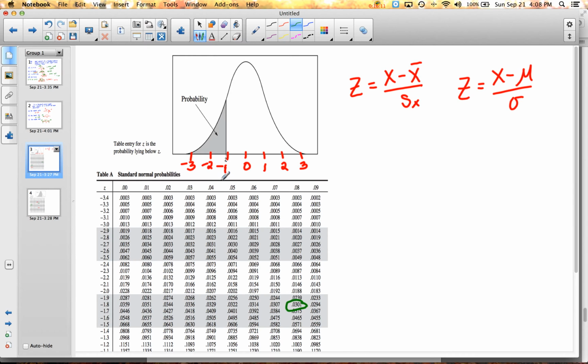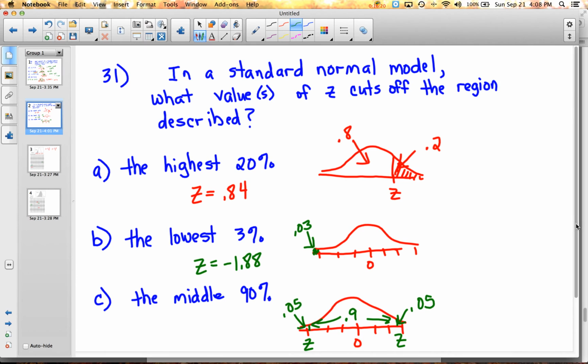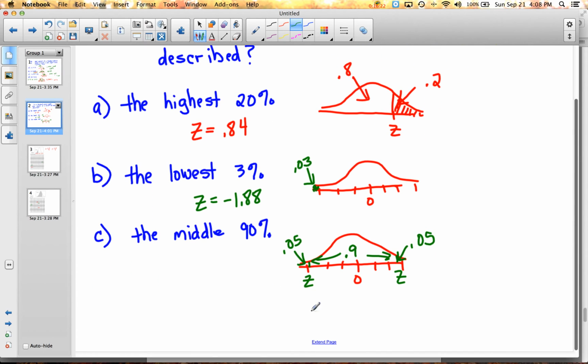If we go back here, we would have negative 1.645, which makes this a positive 1.645. So these would be the two cutoff scores to give me the middle 90%.